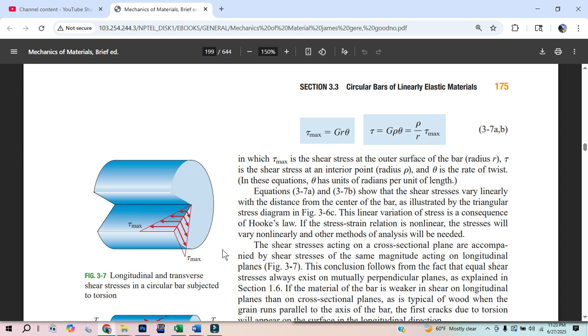What got me on this proof was that this tau max is just saying that on the surface, that's where you're going to find the largest value of shear stress, and then you have this linear relationship to the center. That's it. I just know that materials have a proportional limit and a yield limit, so I thought that was what they were saying for tau max.